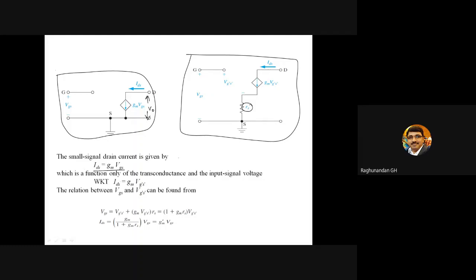IDS is nothing but ID only. Since it flows between drain and source, we call it IDS. But this is a dependent current source. IDS is dependent upon VGS, and also upon the conductivity.